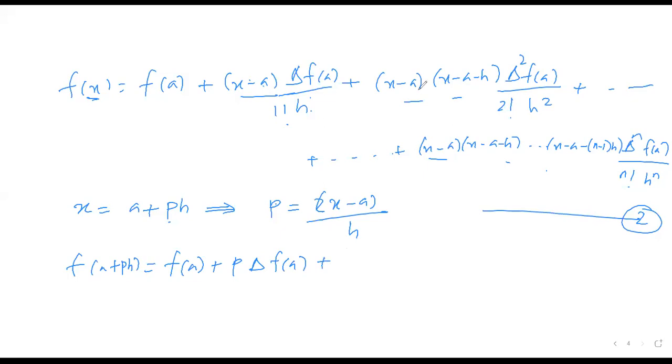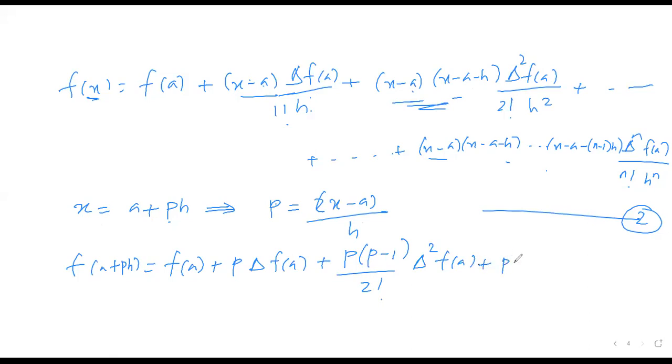Again, you can check this value. There are h squared there for this one and this one. You check whether it is correct. p into p minus 1 divided by 2 factorial, check whether it is correct, and then delta squared fa.